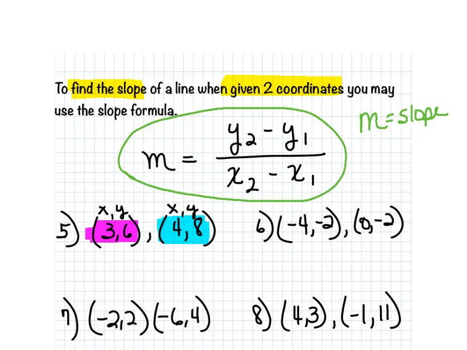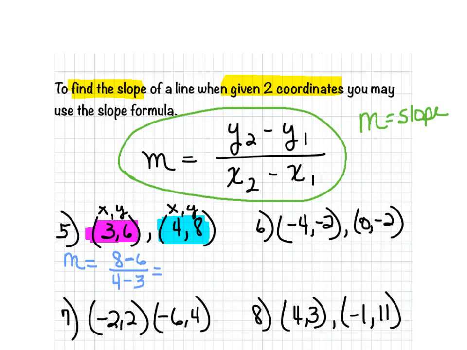Okay, so for number 5, let's go ahead and substitute into my formula. Slope equals y for point 2, which is blue, y is 8, minus y1, which is the pink one, that's 6, over x2, which is 4, minus x1, which is 3.